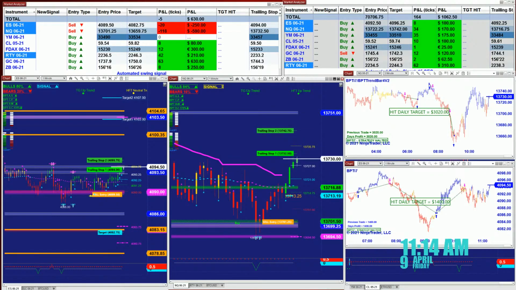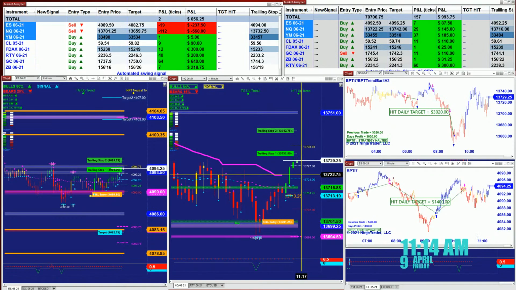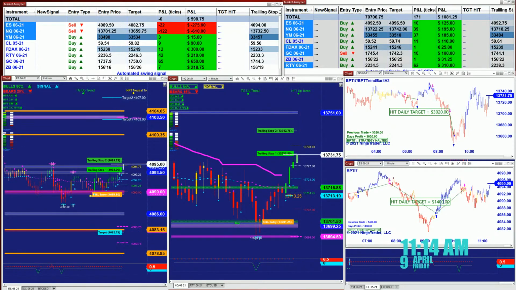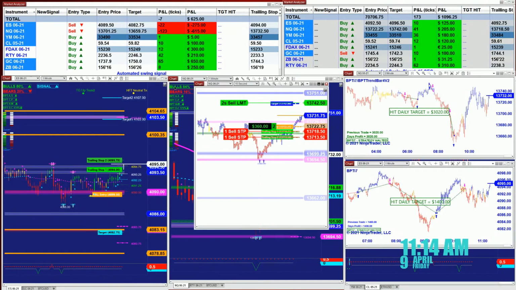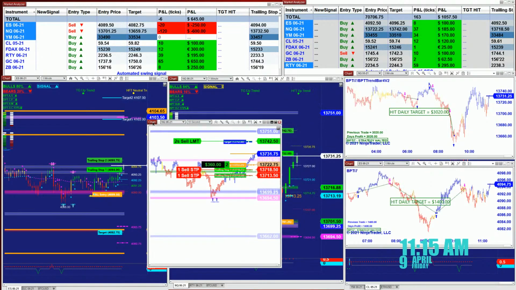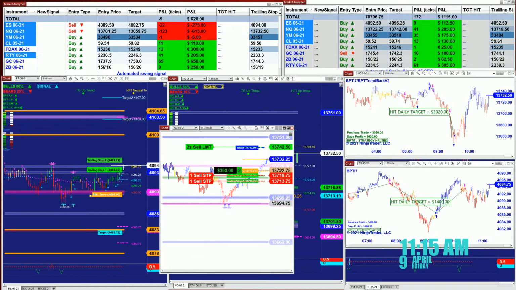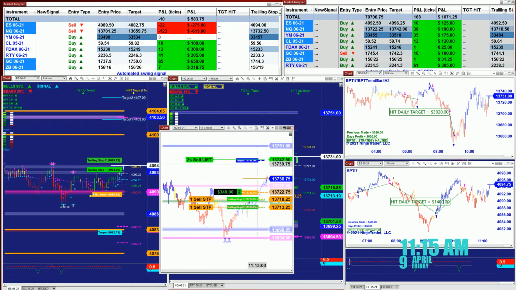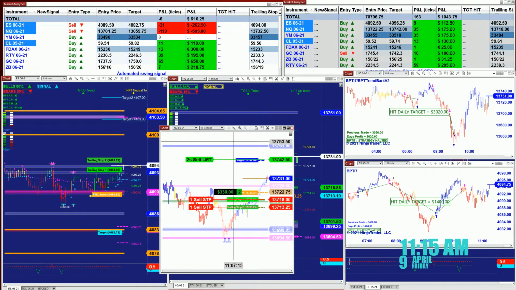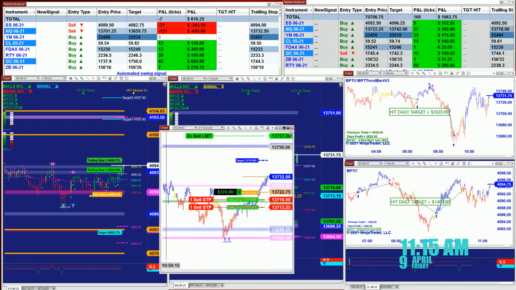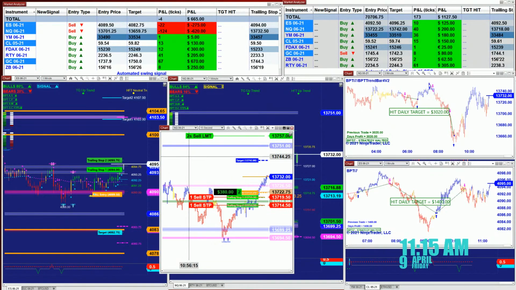And now we are in the money, and once we can start catching those trades, there is a possibility to start making the real money again. And there we go. Now we are on the right track. And now there is a possibility for this market to give us $1,000 on that trade, or $500 on that trade.